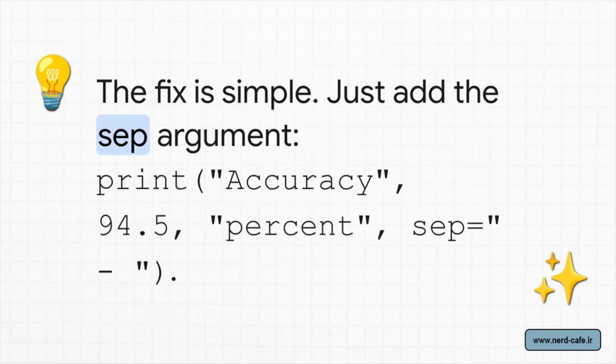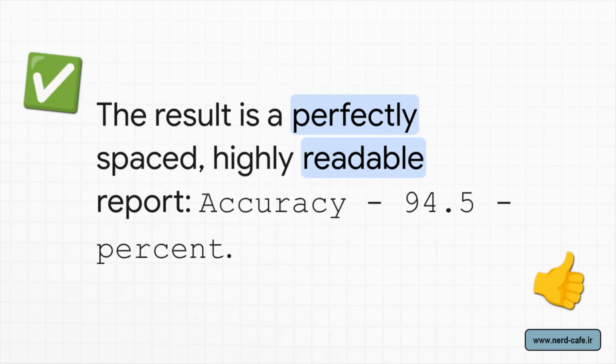We just list our items like we normally would, but then we add this one extra argument at the end, sep equals " - ". This tells print to use a dash surrounded by spaces as the glue between each piece, instead of that default single space. And boom, just like that, a clean, perfectly spaced, beautiful output. It's a fantastic example of how one tiny change can totally transform a report. With sep, you have total control.